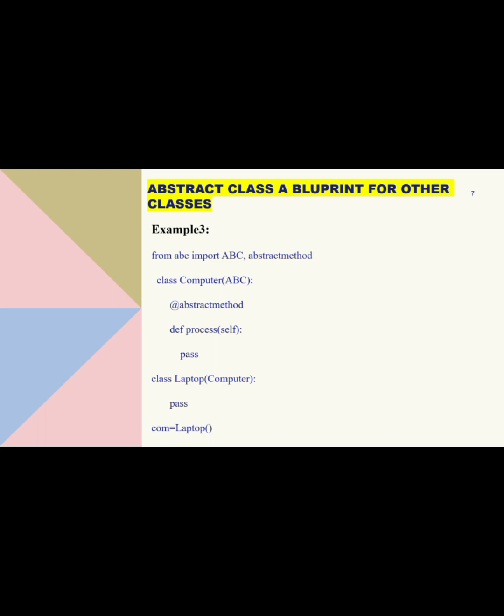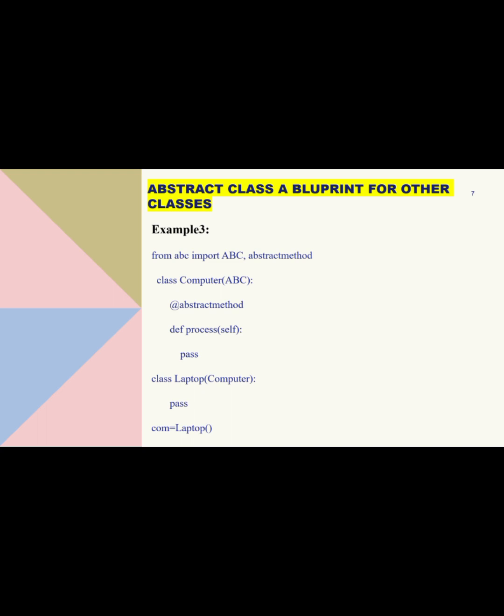Now let's define a class computer, and we declare a method named process as an abstract method. Since it's an abstract method, it does not have any running code and is just given a pass statement, and we create another class named laptop which inherits computer. We also do not write anything here and just write a pass statement.